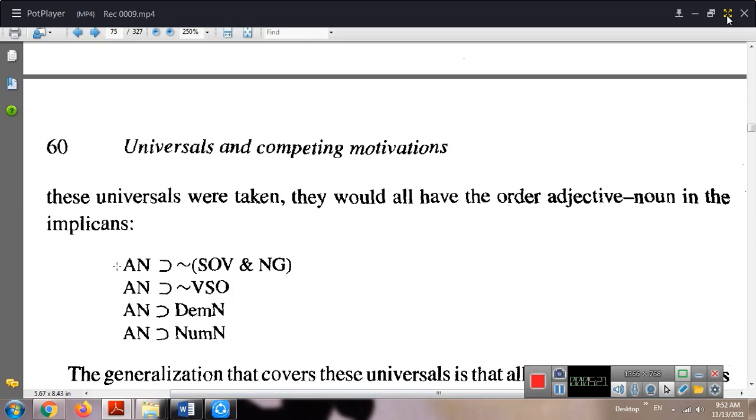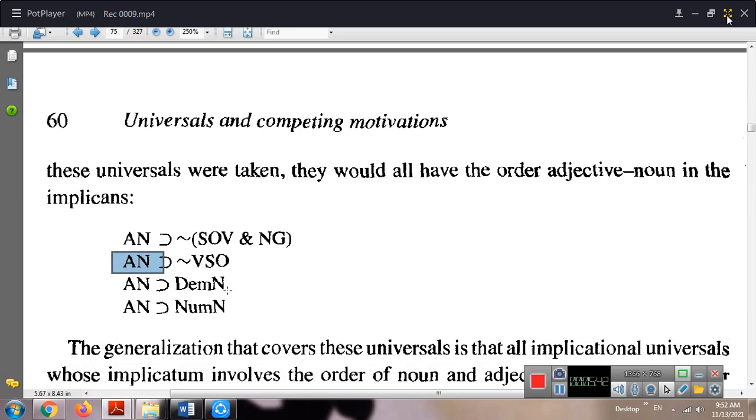If adjective-noun, then not subject-object-verb and noun-genitive. If adjective-noun, then not verb-subject-object. If adjective-noun, then demonstrative-noun. If adjective-noun, then number-noun.